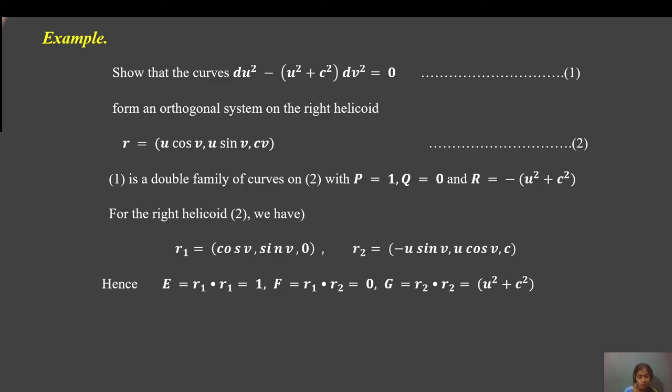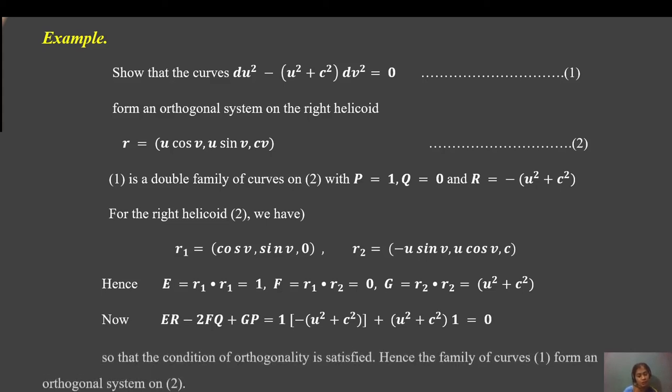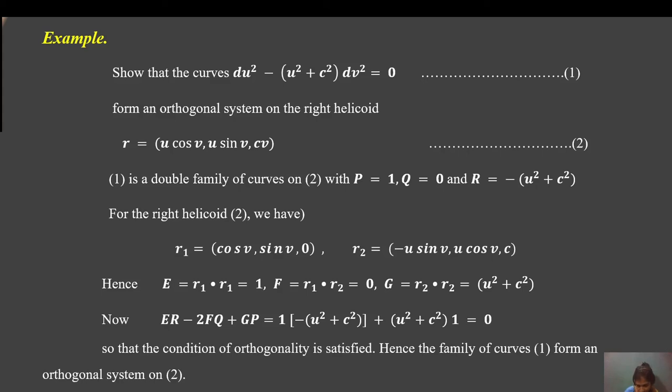Putting these values in the general equation ER minus 2FQ plus GP, we get 1 times minus (u square plus c square) plus (u square plus c square), which equals 0. So the condition of orthogonality is satisfied, and the curves form an orthogonal system. Your first unit will be completed. Okay, the last topic will be considered.